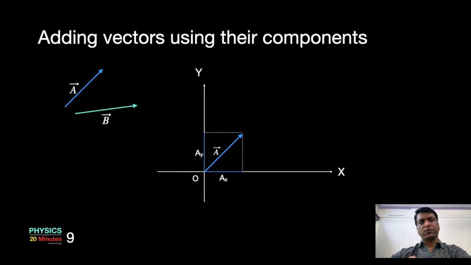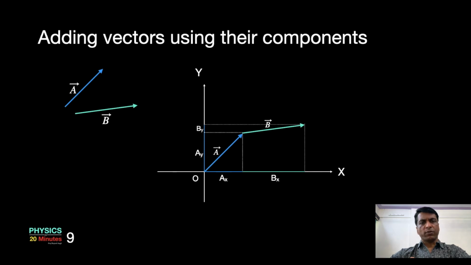Now translate vector B at the head of vector A and drop the perpendiculars from the head of B to x-axis and y-axis to obtain the x component and y component of vector B. Now you can see vector A and vector B form the two sides of a triangle.